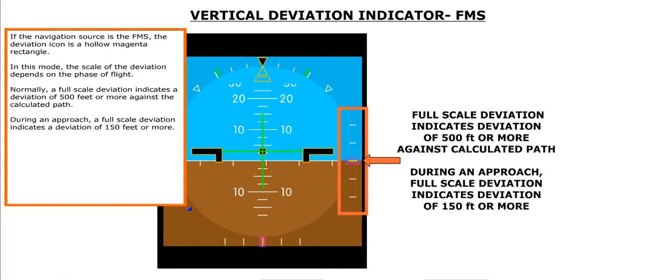If the navigation source is the FMS, the deviation icon is a hollow magenta rectangle. In this mode, the scale of the deviation depends on the phase of flight. Normally, a full-scale deviation indicates a deviation of 500 feet or more against the calculated path. During an approach, a full-scale deviation indicates a deviation of 150 feet or more.